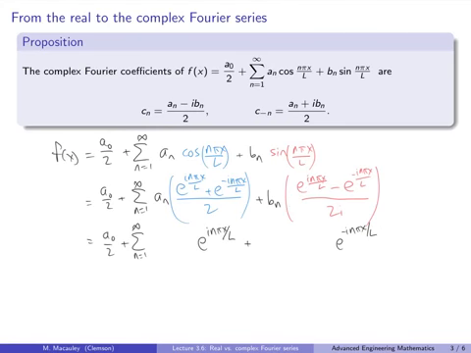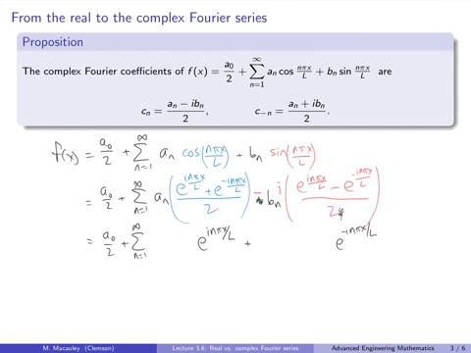Now, I don't like to have i's in the bottom, so let me move the i to the top of this and make that negative. I'm going to make this a negative, and move that i up top. Okay with that? So now, how many e to the i n pi x over L's do we have? Well, we have a_n over 2 minus b_n i over 2. And that's exactly what we have right here.